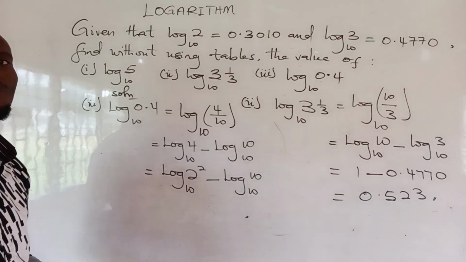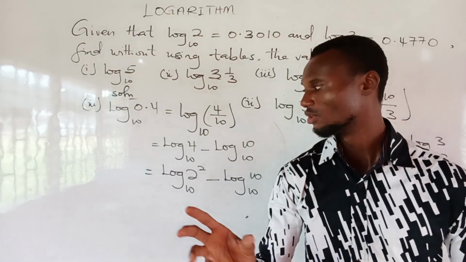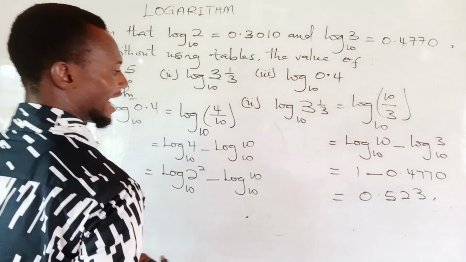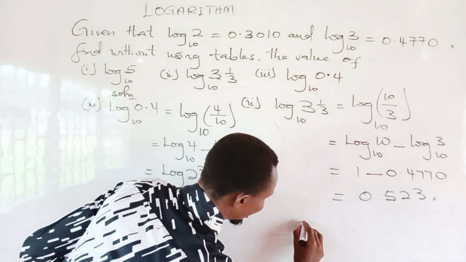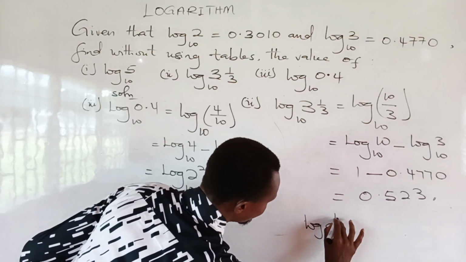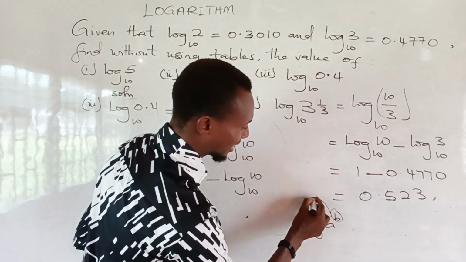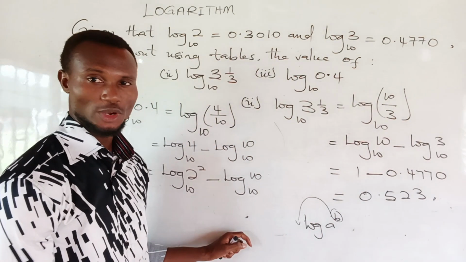Then from here, we apply the power rule. Remember the power rule. The power rule says that if I have, let's say, log a to the power b, this b, which is here, can come in front of the log to become a coefficient.